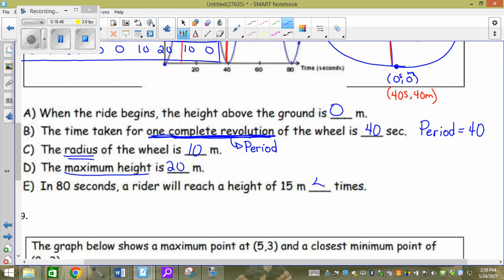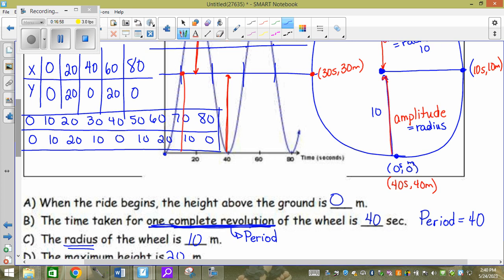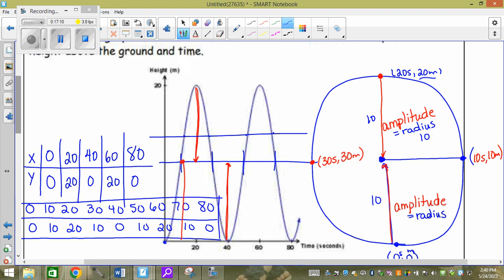The other thing we need to know is the other word. What is the midline interchangeable with on a question like this? Where would the midline be on this graph? How many meters? Pardon? People are saying it. 10? So the midline on this graph would be at 10 meters. Correct? This is where the midline is.